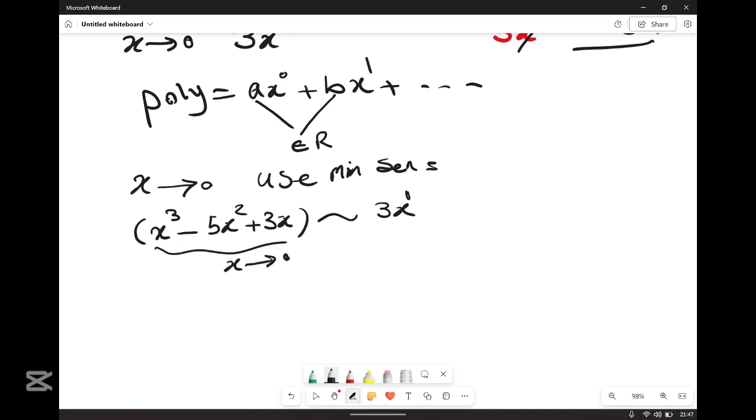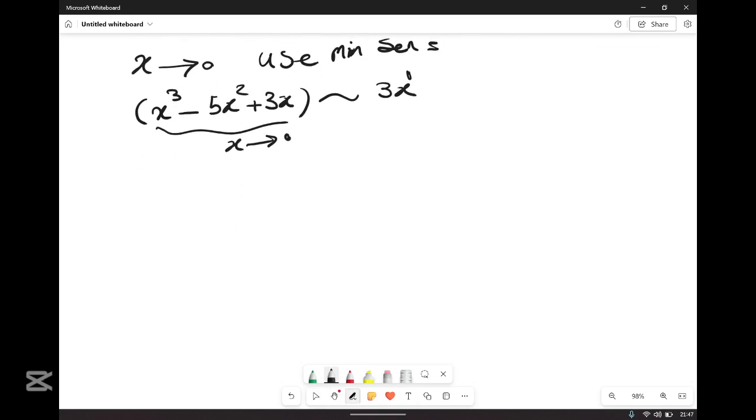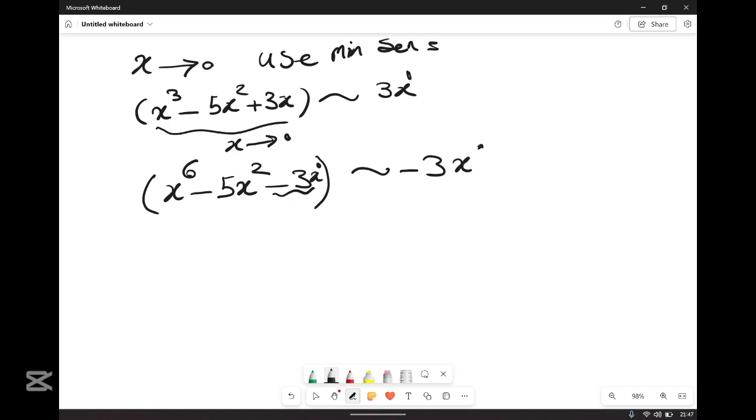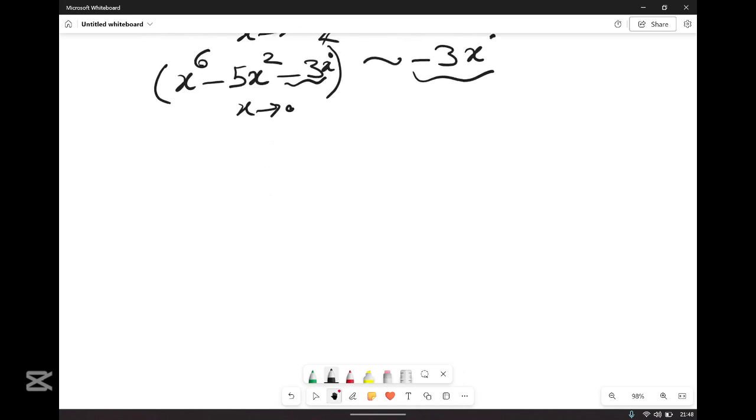Or another one, x power 6 minus 5 x power 2 minus 3 is equivalent with minus 3, because it's x power 0, the minimum power among them, and they are equivalent when x goes to 0.